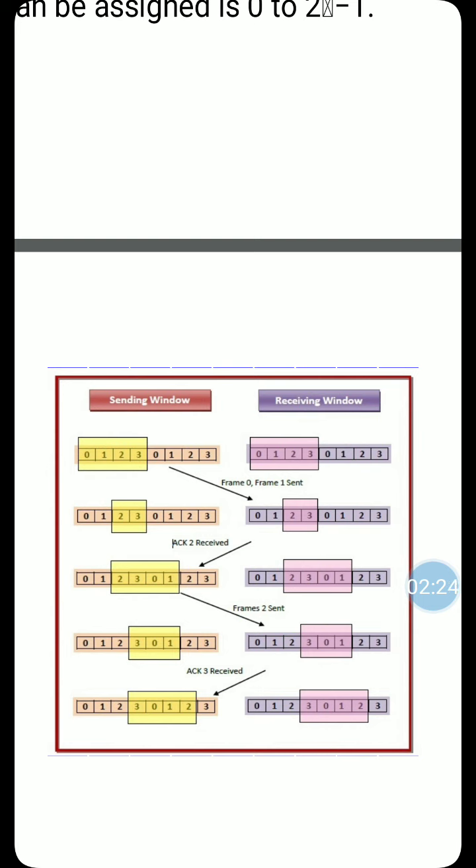So the sequence numbering of both the windows will be 0, 1, 2, 3, 0, 1, 2 and so on. The following diagram shows the position of the windows after sending the frames and receiving the acknowledgements. From the diagram, all the frame information is very clear.